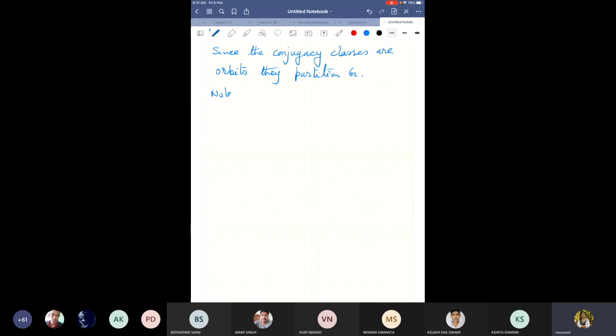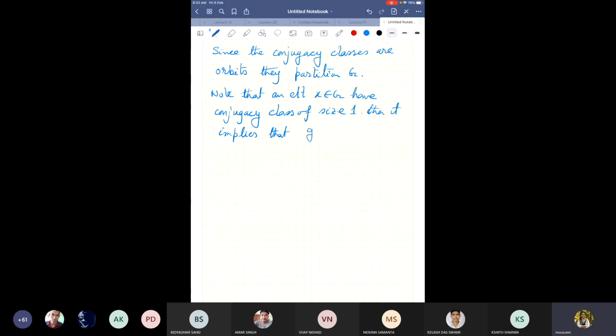So let me write down. Note that an element X belonging to G has conjugacy class of size 1. Then it implies, what does it imply?